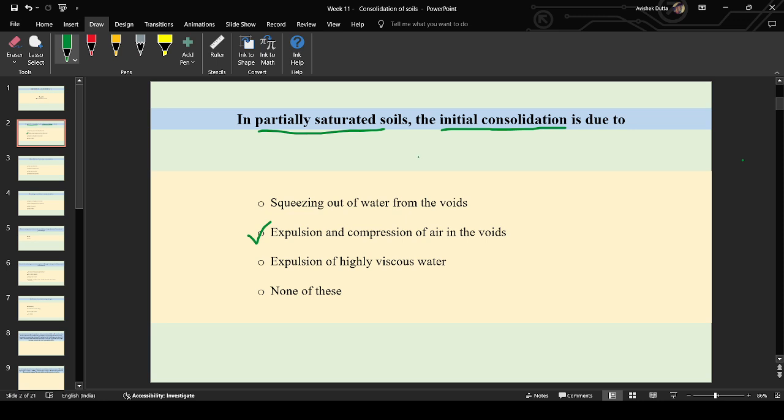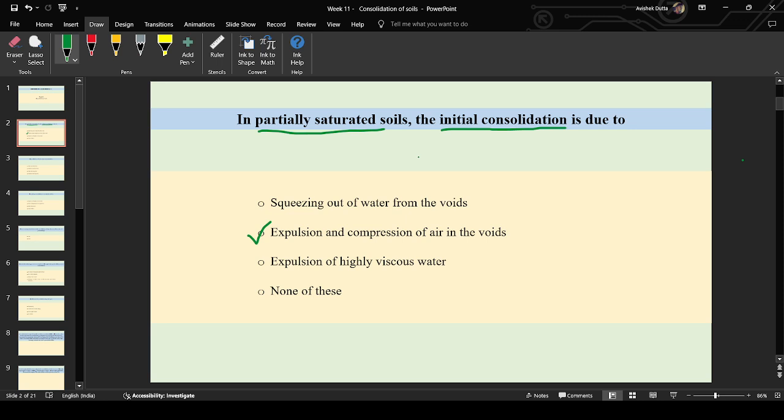Even for dry soil, the answer is the same, sir? If it is dry soil, then there is no need of consolidation, right? Consolidation will not occur; it is only compaction. Consolidation is the removal of water. If you take a dry soil sample, the voids are filled only with air.